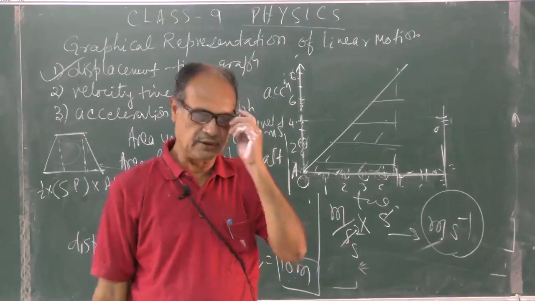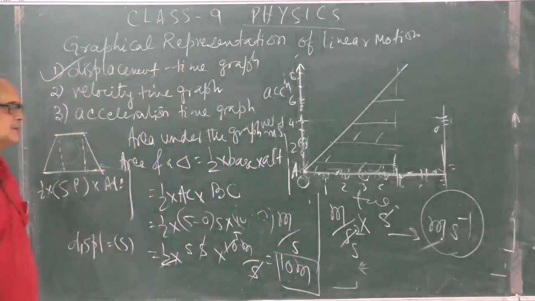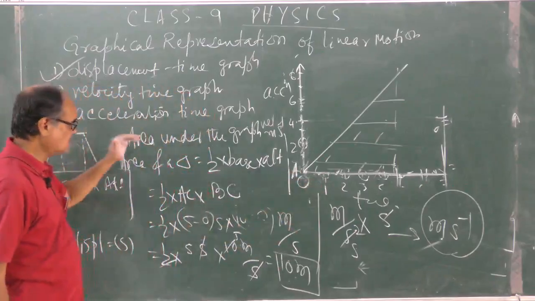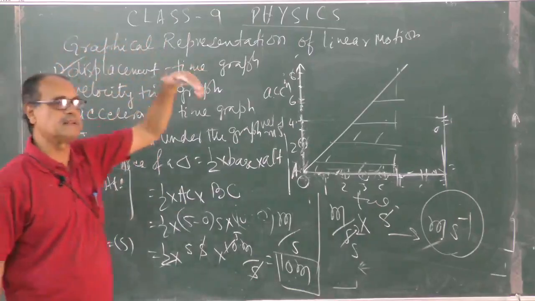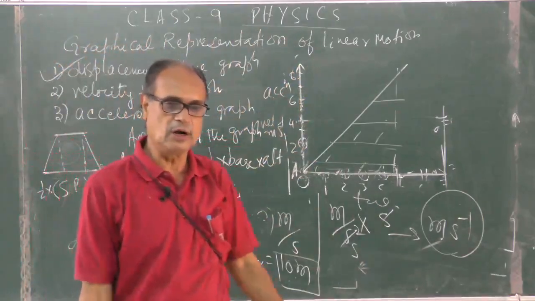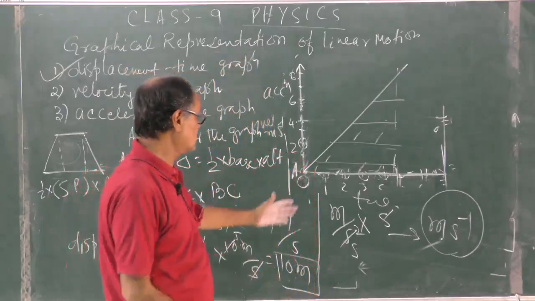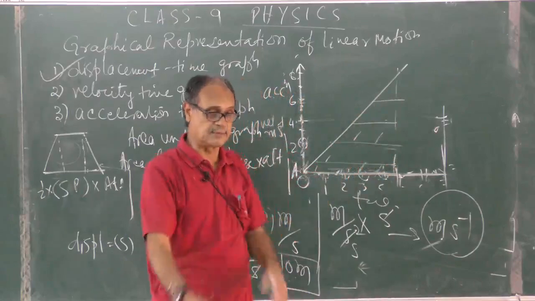Acceleration time graph will determine velocity time graph. Velocity time graph can move to the displacement time graph. They all can be reverted as well, because from the acceleration time graph, when you are getting different velocities, you may draw the velocity time graph.